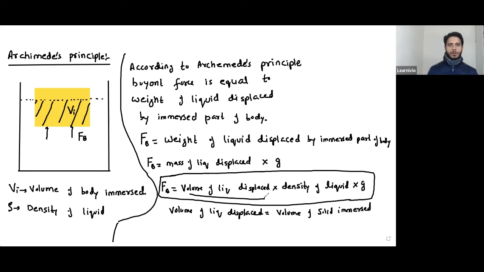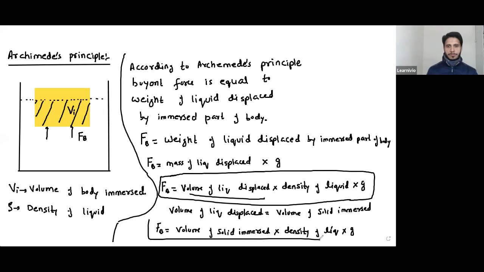So here, instead of volume of liquid displaced, you can simply write that buoyant force is volume of solid immersed multiplied by density of liquid multiplied by g. This is how we calculate buoyant force acting on the body.